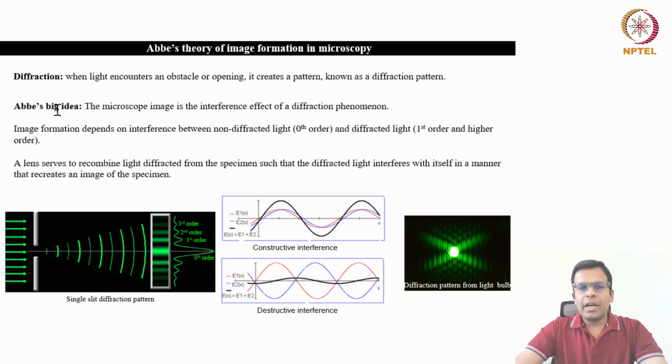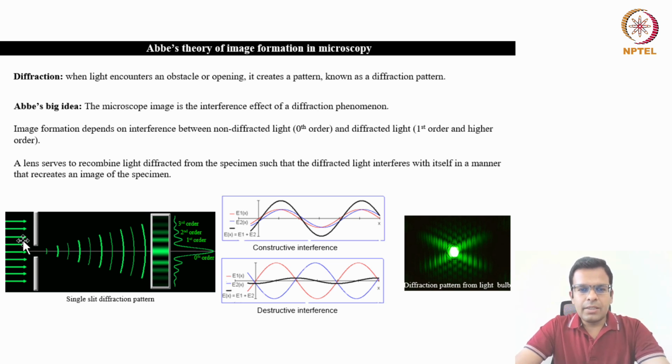So Abbe's big idea was, the microscope image is the interference effect of the diffraction phenomenon. Image formation depends on the interference between the non-diffracted light, the 0th order, and the diffracted light, 1st order and higher order. So let me explain what is this 0th order and 1st order and higher orders.